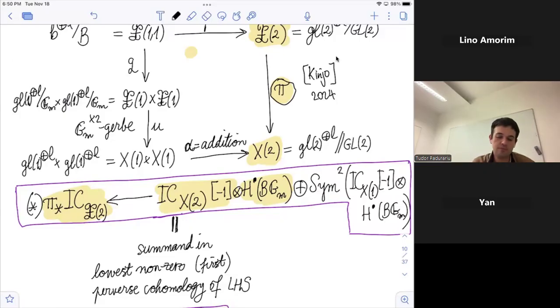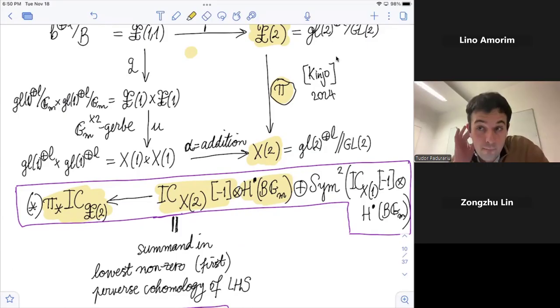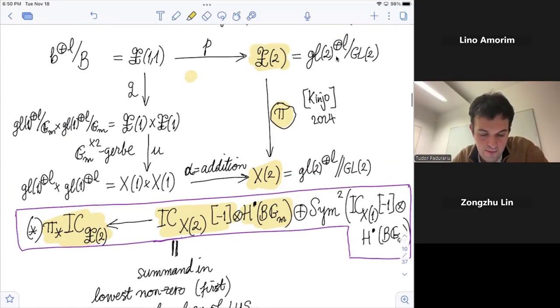Maybe I should make this disclaimer: there are some framed constructions used in a place in the proof. A quick question on the top of the slide: is that p proper? Yes, this is proper.